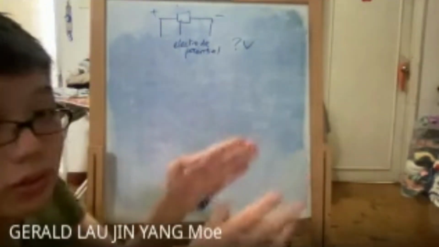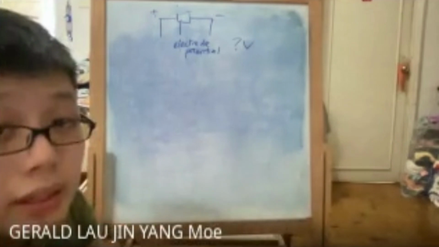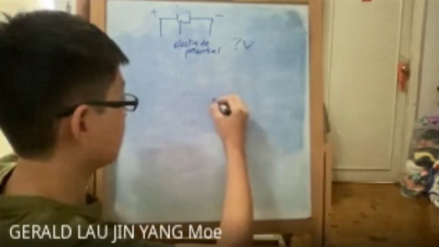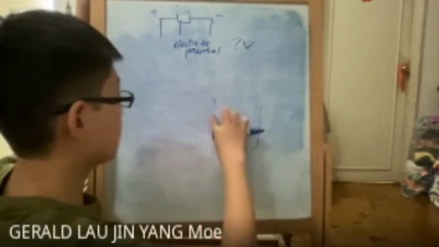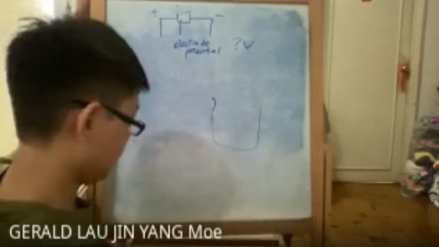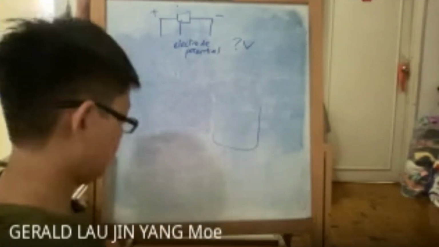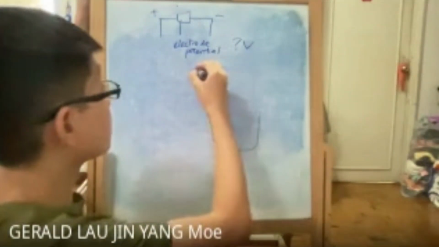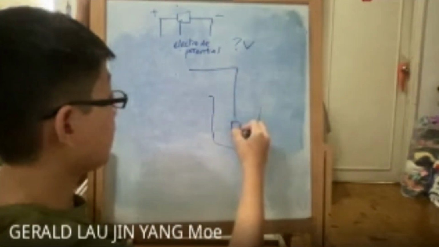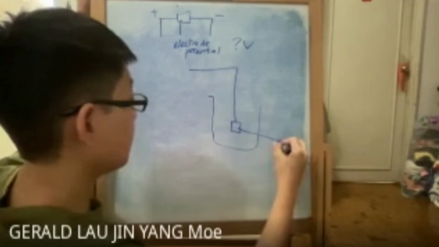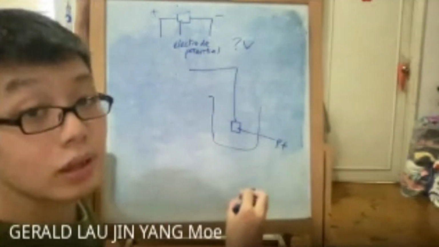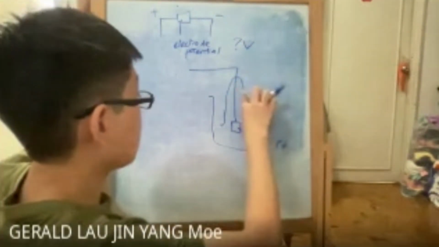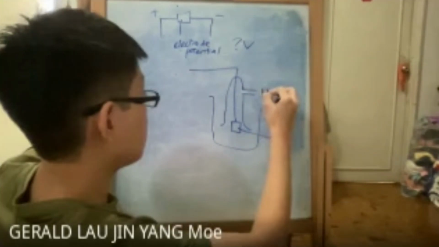This is a half cell. I have to draw, I think, so you all understand better. Here is platinum, Pt. Here hydrogen gas, H2.